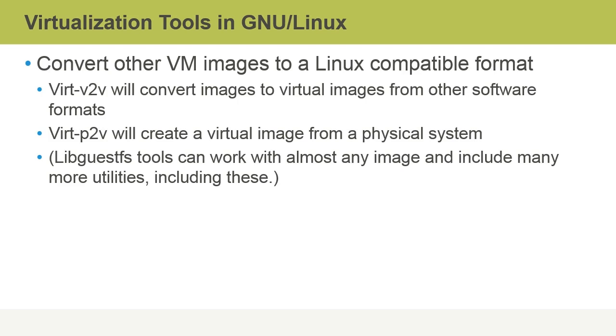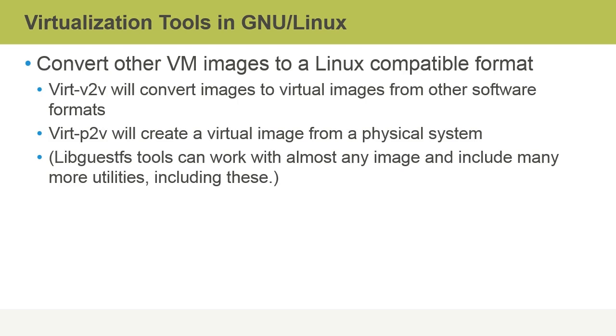If you have a physical system that you'd like to turn into a virtual machine, there's a utility for that as well. Virt P2V is a live image that runs on a physical system, gathers information about that system, and creates a virtual image from that system. Once you have the virtual image, you can run it in your virtualization.